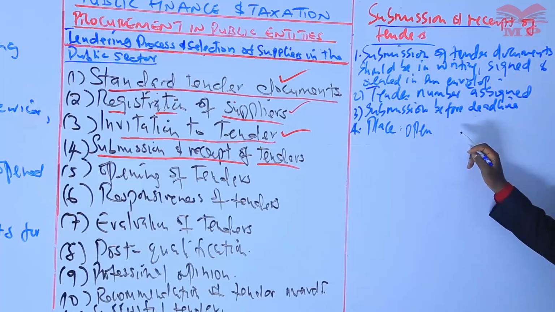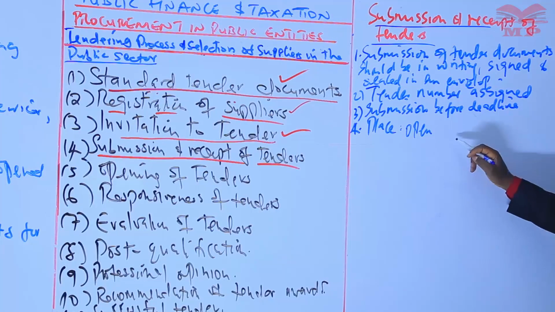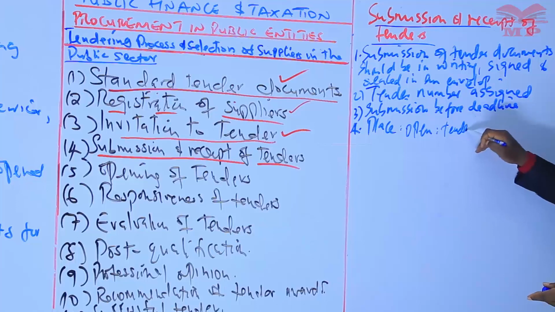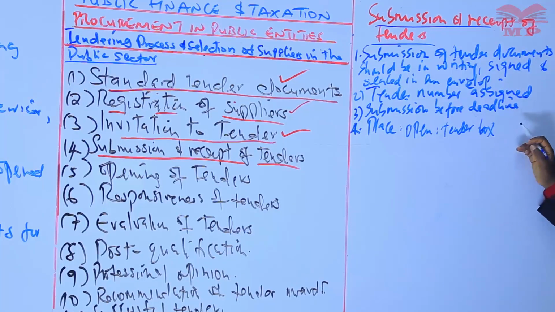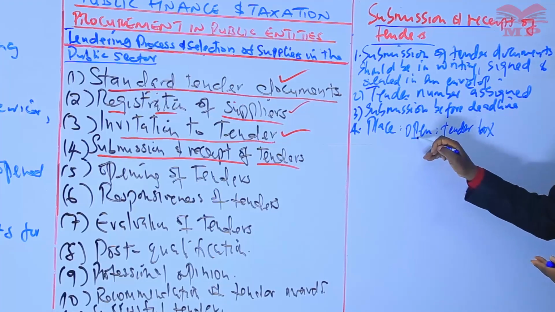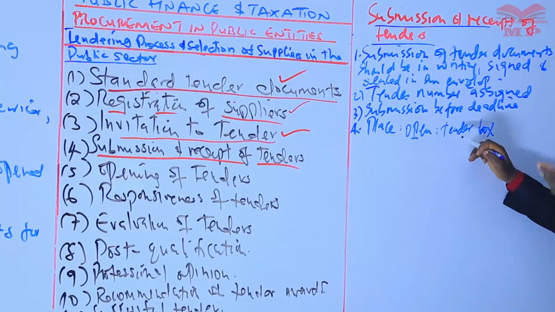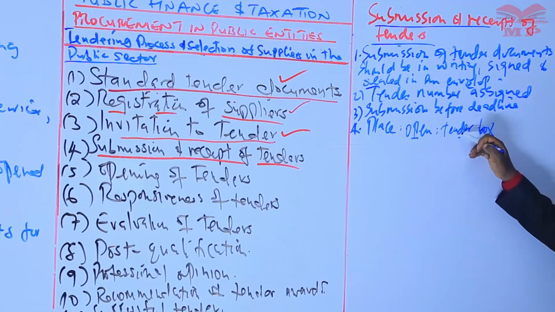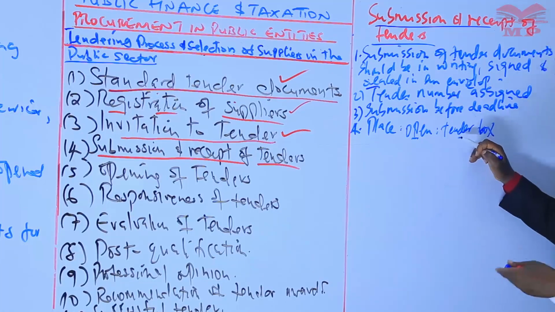And the procuring entity should provide in that place or site a tender box, because these are documents being submitted, including an electronic tender box that complies with the prescribed requirements in regulations.